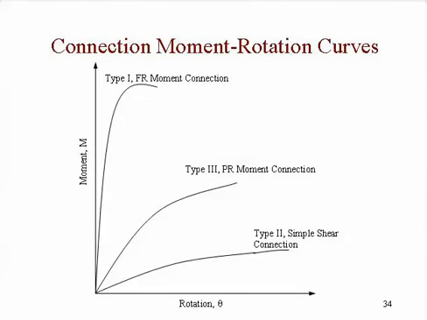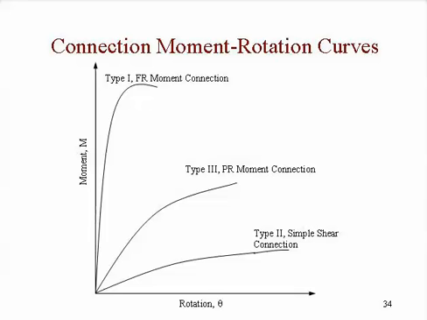Okay, so let's look at connection curves. This is the one that I showed you just a minute ago, just some arbitrary curve. We called it a PR curve. A fixed connection, or an FR, or a type 1, would probably look something like this one. All right?